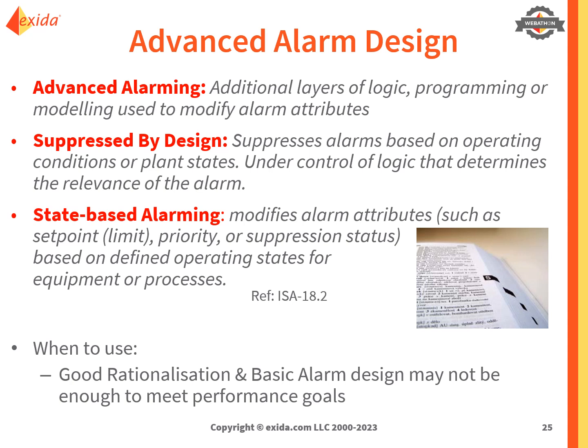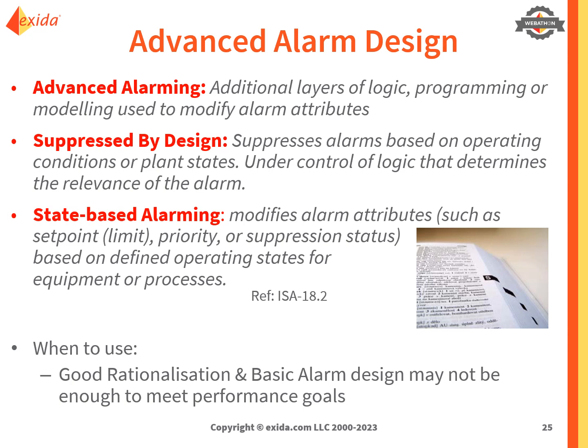So you can suppress an alarm automatically based on either the global condition of the plant, you're operating in a different mode, or it could be to do with the plant the alarm relates to. For instance, a pump that is no longer running because it's racked out or isolated, you wouldn't need a low flow alarm from that pump, so you could suppress that alarm based on the pump condition.